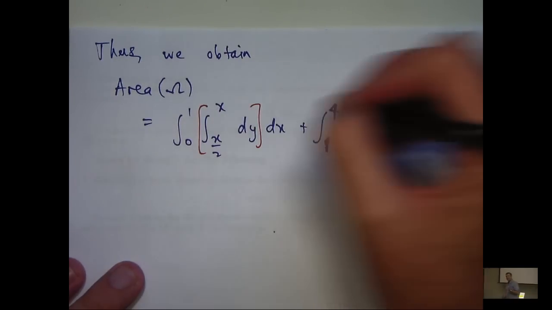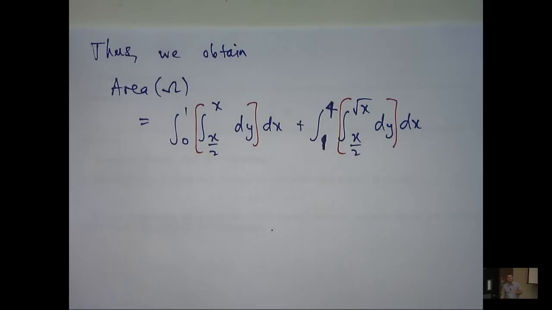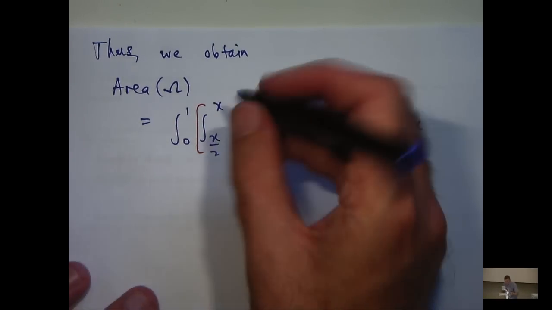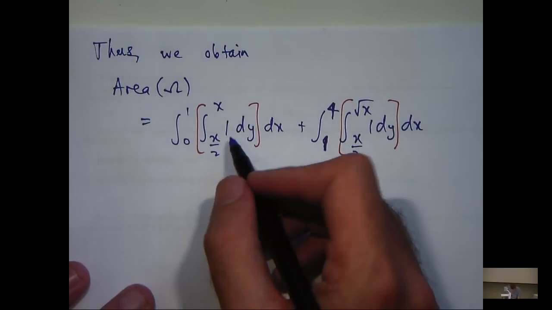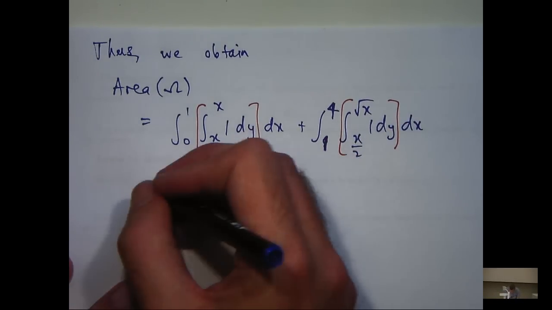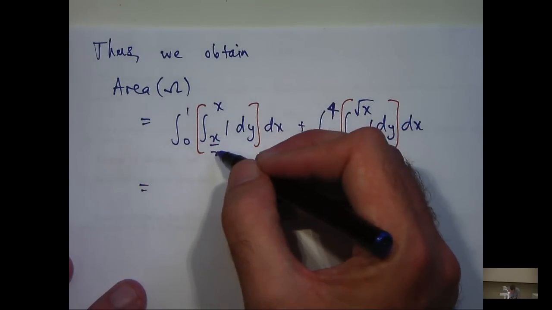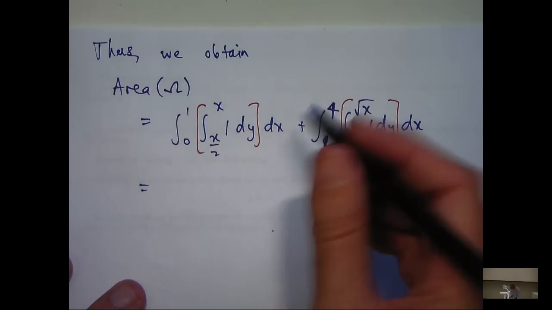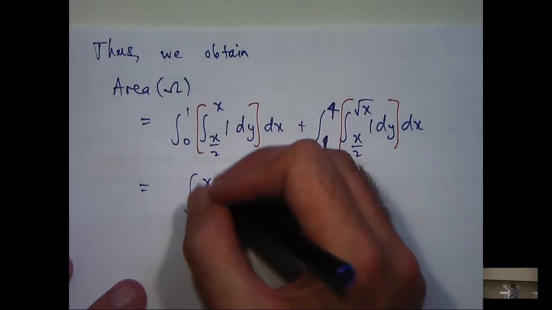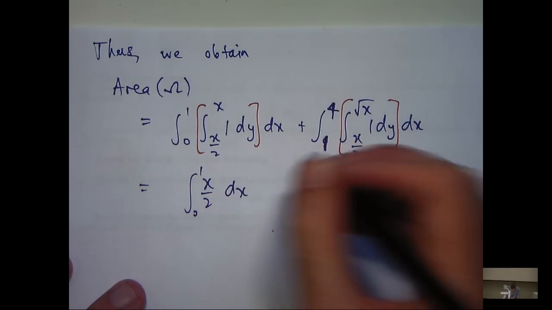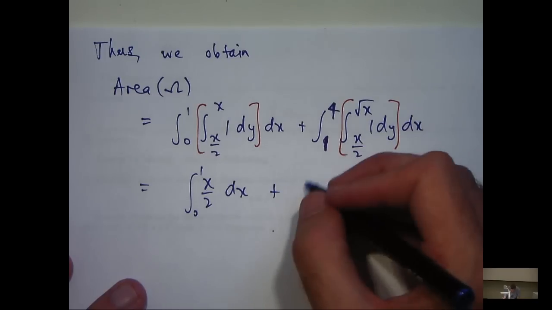Now these are really simple, so you can actually do the first integration by inspection. We're integrating 1 with respect to y, so we're going to get x minus x on 2 in the inside integral. Now x minus x on 2 is just x on 2. And similarly over here.